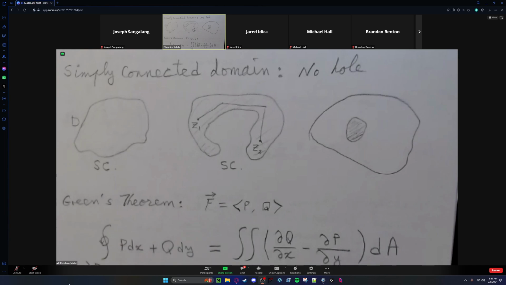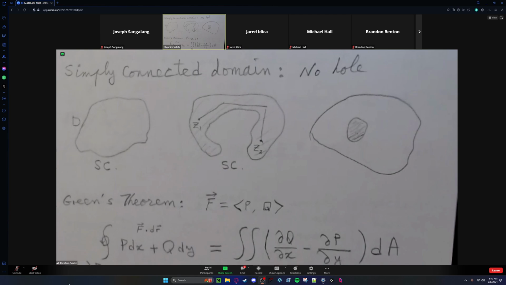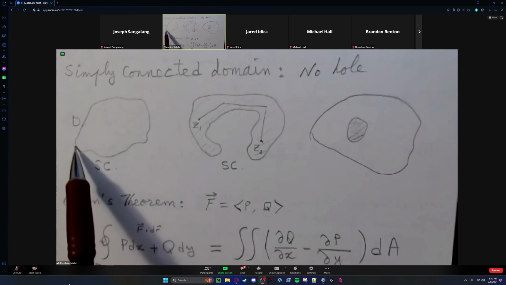So Green's theorem says if you are integrating P dx plus Q dy, by the way, another way of writing this is F dot dr. R is, in this case, the boundary, all right? Think about R being this boundary.